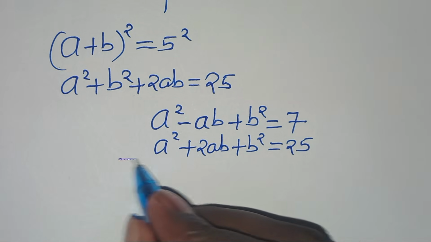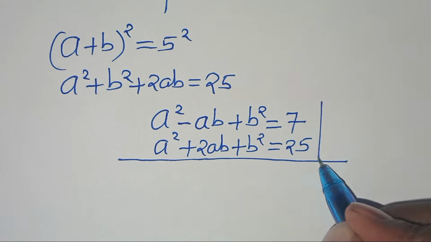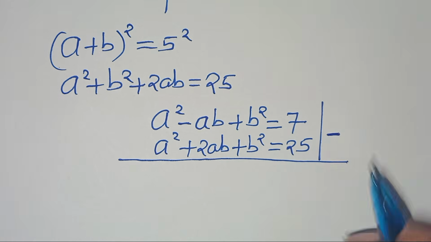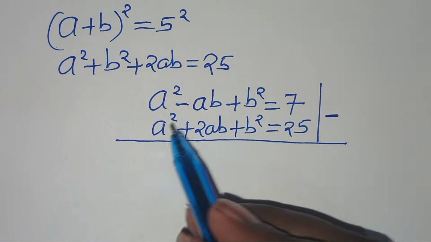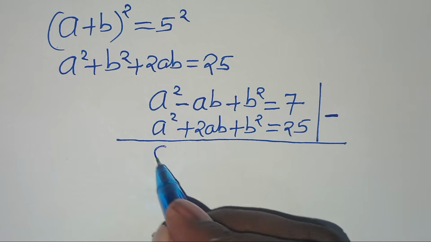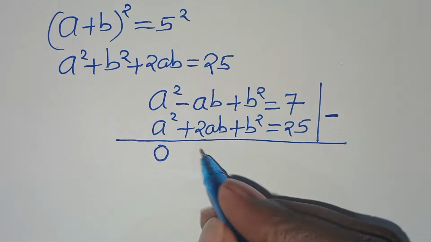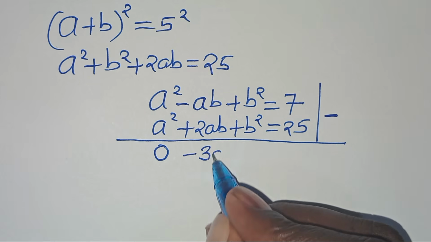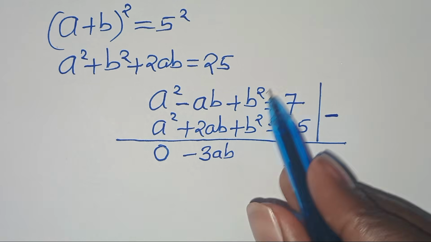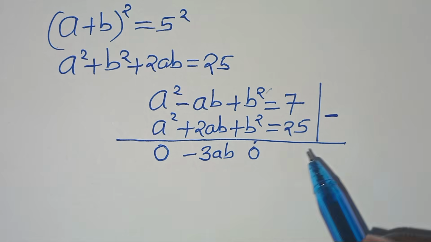So these are systems of two linear equations here. Let's subtract them. a² − a², this is 0, −ab − 2ab, this is −3ab. Then b² − b², this is 0.